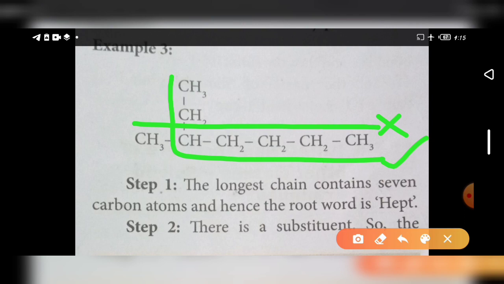So the longest chain contains, see here, this is the first carbon, second, third, fourth, fifth, sixth, seventh carbon atom, and hence the root word is meth, eth, prop, but, pent, hex and hept. 7 is hept. So hept.